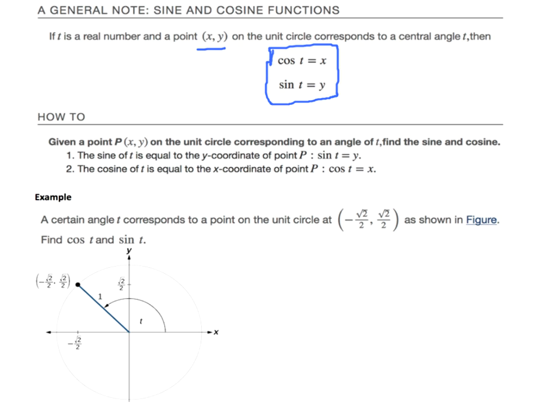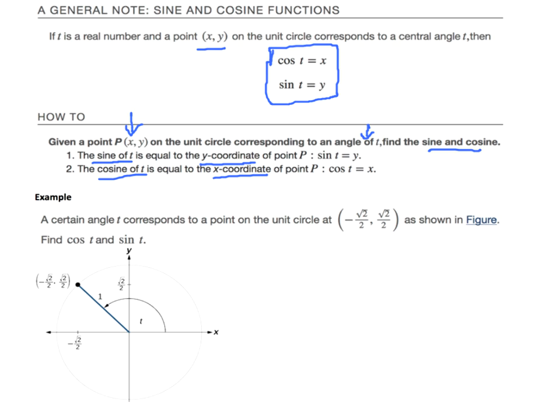Given a point P on the unit circle corresponding to an angle t, find the sine and the cosine. We do that by knowing that the sine of that angle corresponds to the y coordinate and the cosine corresponds to the x coordinate.